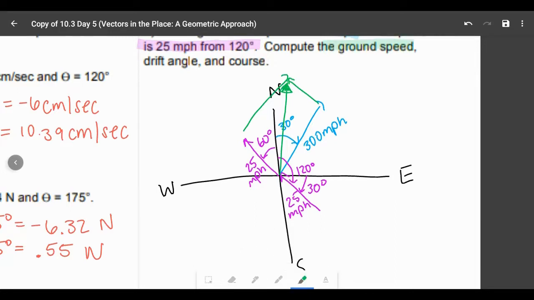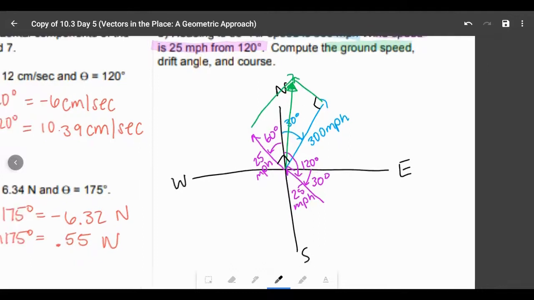Okay, well, the ground speed, just like the other two speeds, are just magnitudes. So let's find the magnitude of my green vector. How are we going to do that? Well, if you recognize, since in blue we have 30 and in purple we have 60, we have now made a rectangle. Because that's a rectangle, this makes our job really easy.